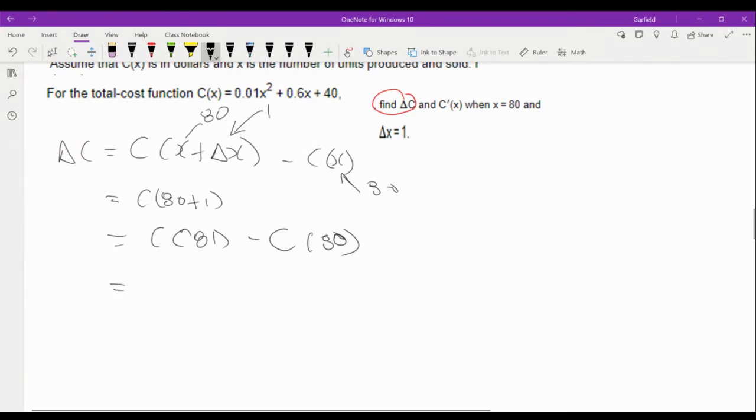So what do we get for c of 80? Delta x in this case would be 1.